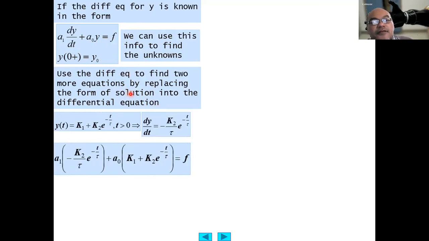Use the differential equation to find two more equations by replacing the form of solution into this differential equation. So if our solution is in this standard form, y(t) equals k1 plus k2 times exponent of minus t over tau, at t larger than 0, then dy/dt from this will be: the derivative of k1 will be 0 because this is a constant.